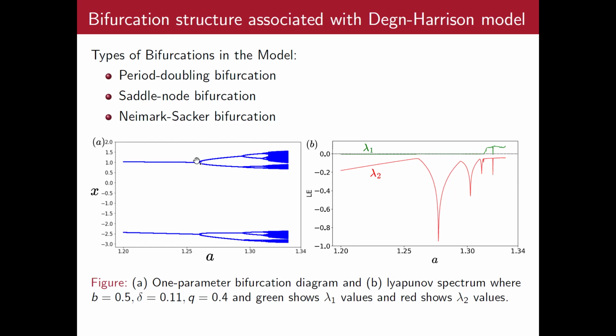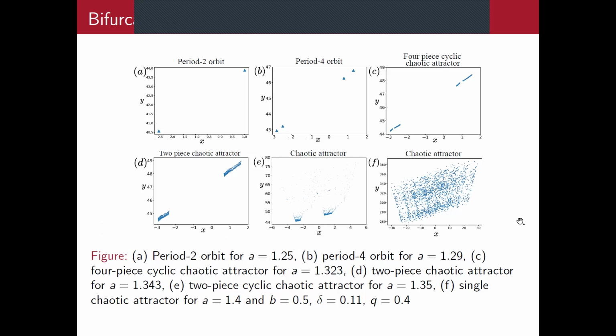In this figure, A shows a one-parameter bifurcation diagram, and B shows the corresponding Lyapunov exponent spectrum. Here we can see how variation in the parameter A changes the behavior of the system.